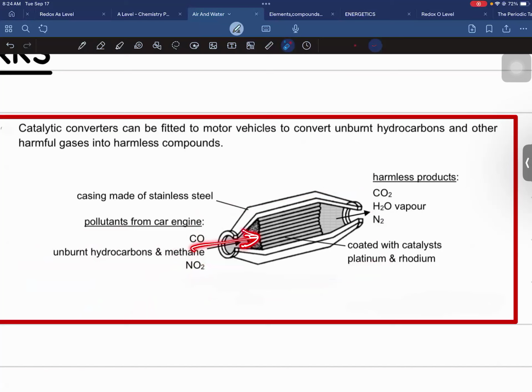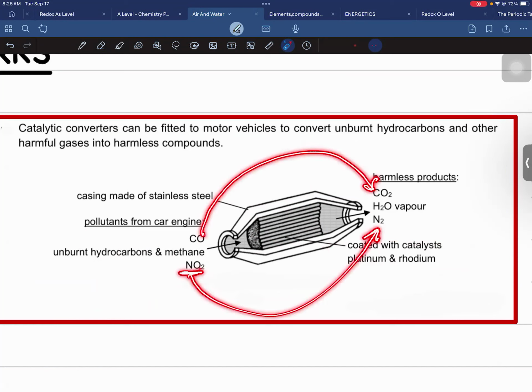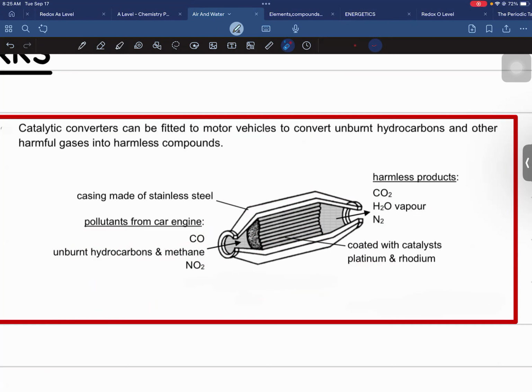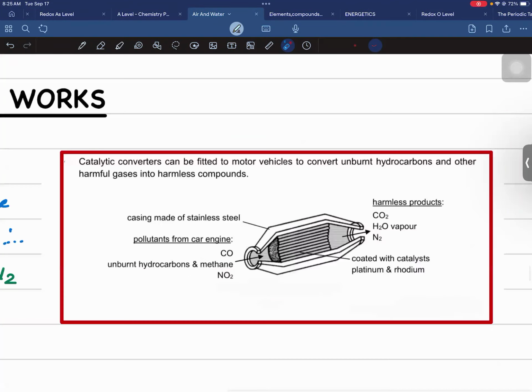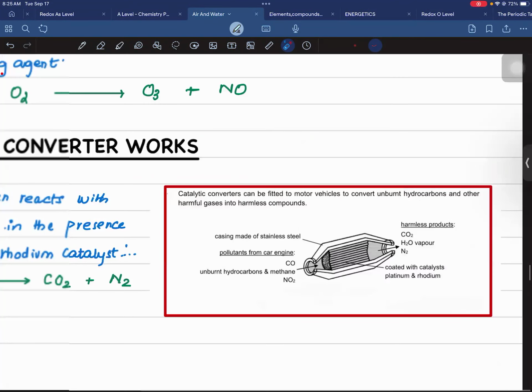This is the catalyst, just like a honeycomb, coated with a catalyst such as platinum and rhodium. So this oxide is converted into this oxide, and this is converted into water vapor. This is very important to know.